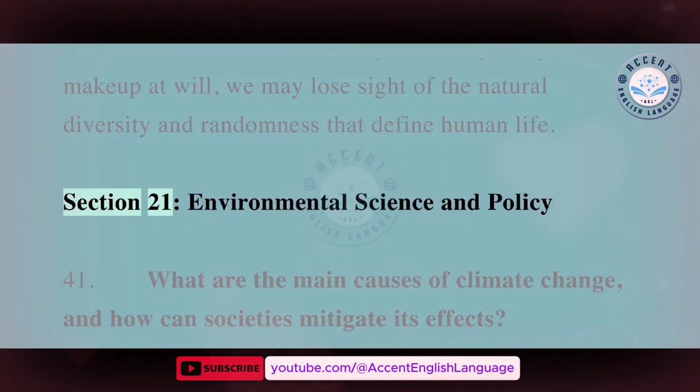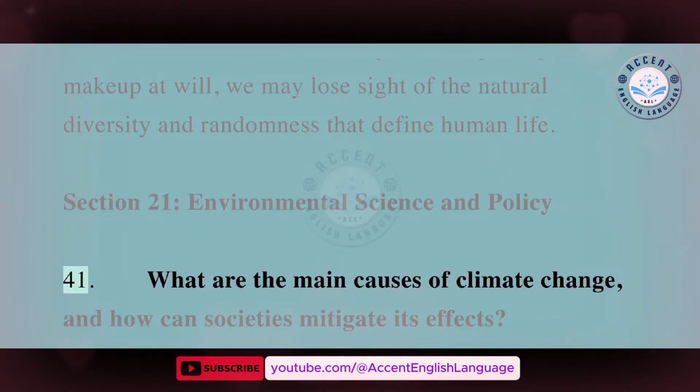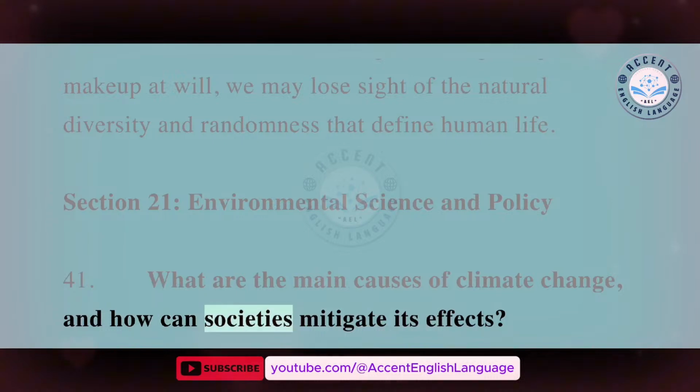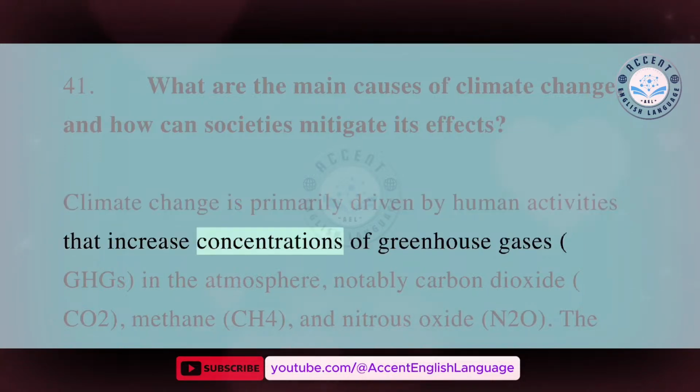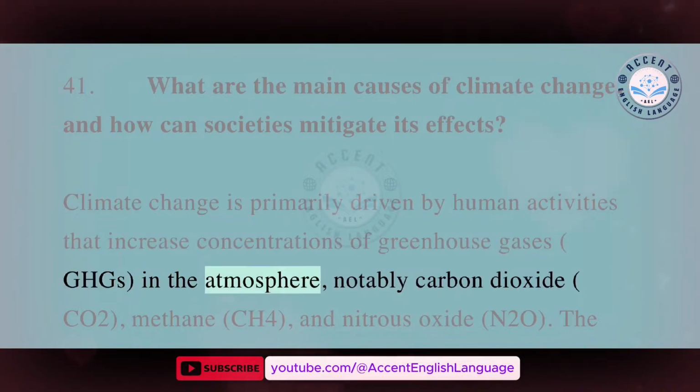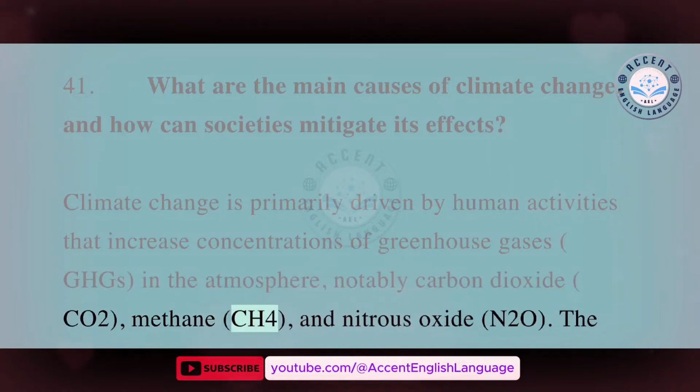Section 21. Environmental Science and Policy. 41. What are the main causes of climate change, and how can societies mitigate its effects? Climate change is primarily driven by human activities that increase concentrations of greenhouse gases, GHGs, in the atmosphere, notably carbon dioxide, CO2, methane, CH4, and nitrous oxide, N2O.